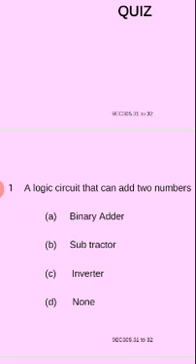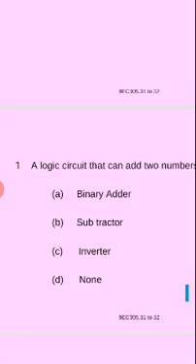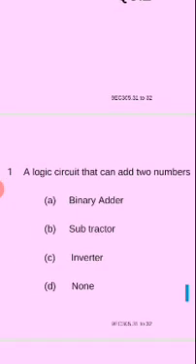Option C, inverter. Option D, none. It is called binary adder. Hence, our right answer is option A. A logic circuit that can add two numbers is binary adder.